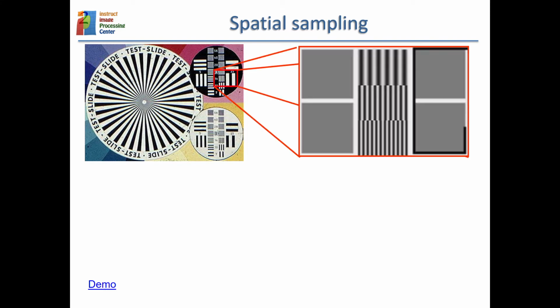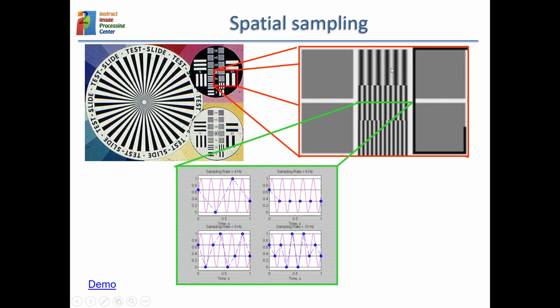Okay, so if you look at the vertical patterns, for instance, you can see that they really look like a sinusoid. So they go up, then they go down, they go up, they go down, and the transition can be rather smooth, like in this pink pattern.